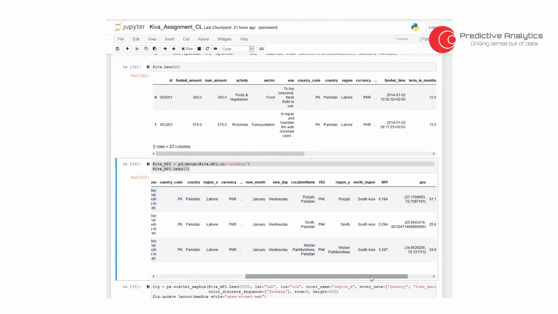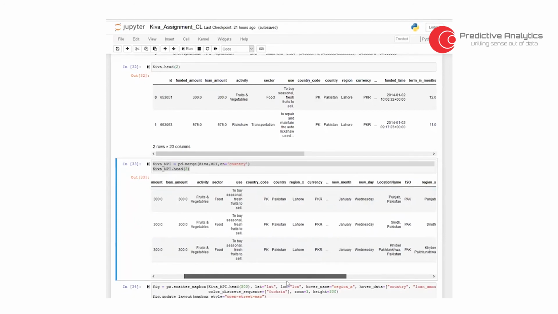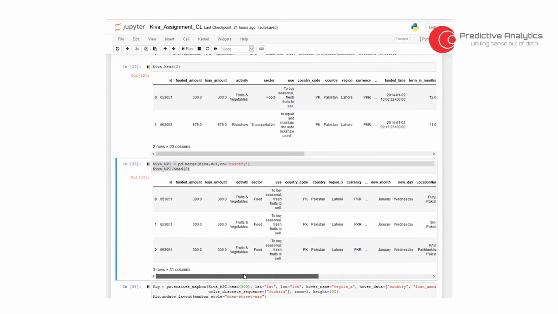So in this scenario, you only need to merge with the correct column. No, it's fine. The way it is, it's okay because of what you're trying to do. You're not really worried about that. But generally, you can see that it's giving you some extra columns. It's not going to give you the column region. It's going to give you region X and region Y. Region X suggests that data was found in the first data frame, and region Y suggests that data was found in the second data frame, because you're trying to merge 2 data frames.